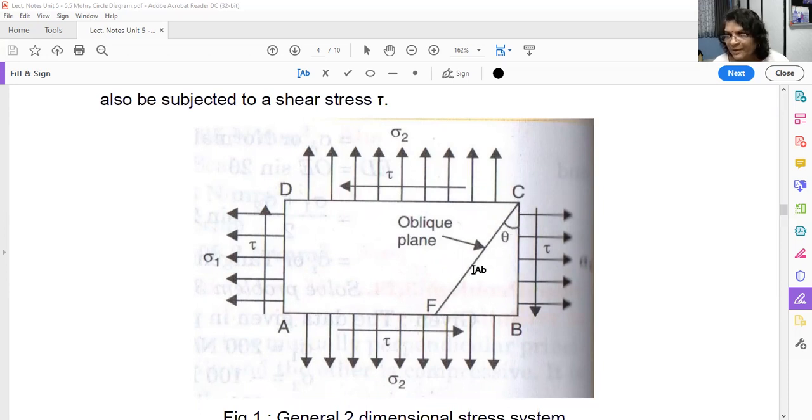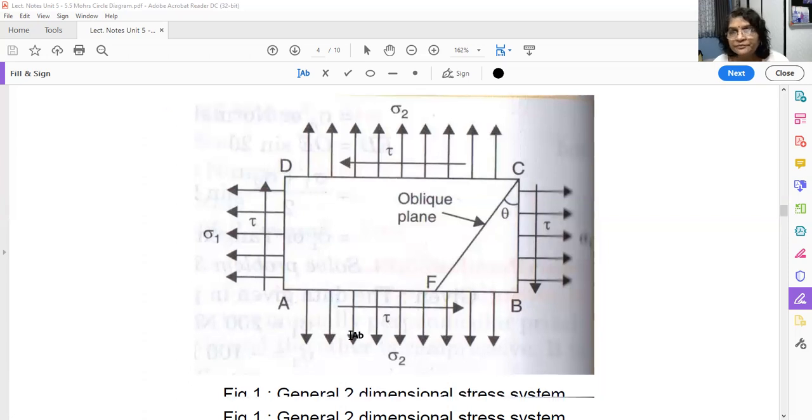This is the oblique plane. Our aim is to determine the normal stress and tangential stress, that is shear stress, on FC, and also to find the angle for principal stress, and the formulas for principal stress using Mohr's circle.